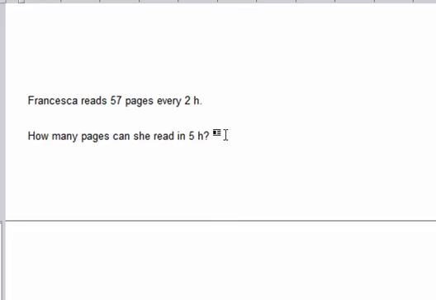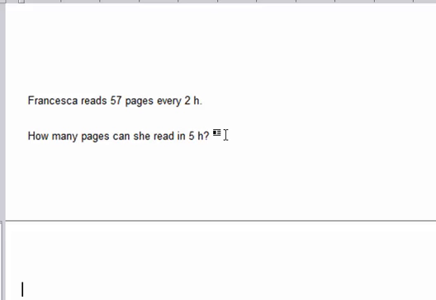Alright, so our next example would be Francesca reads 72 pages every 2 hours. So how many pages does she read in 5 hours? So you can graph pages on the y-axis and hours on the x. And for every 2 hours that you go to the right, you can go up 57 spots or units on the y.